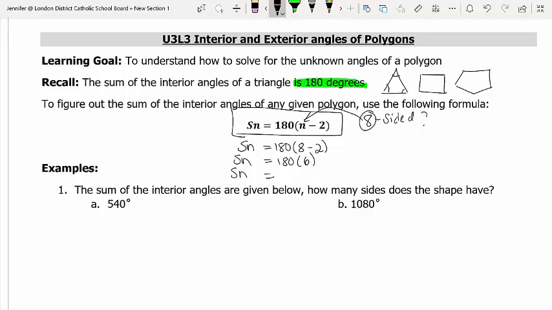So that would mean that the interior angles of an 8-sided shape add up to 1080 degrees. Okay? So let's work through some examples.